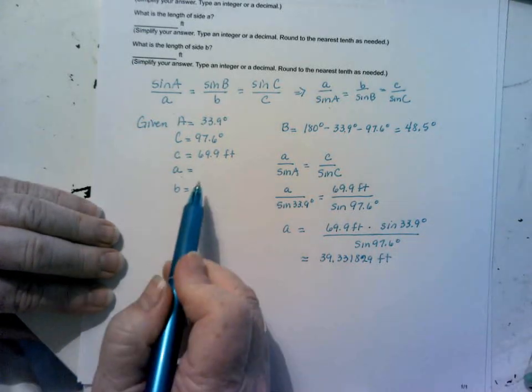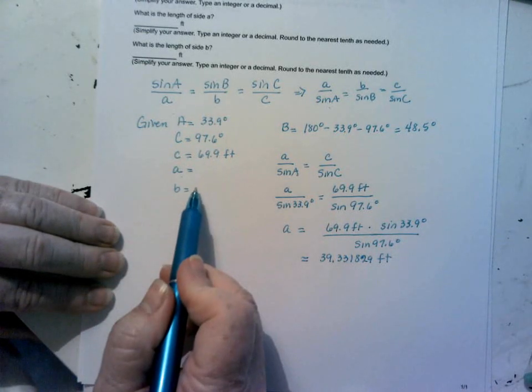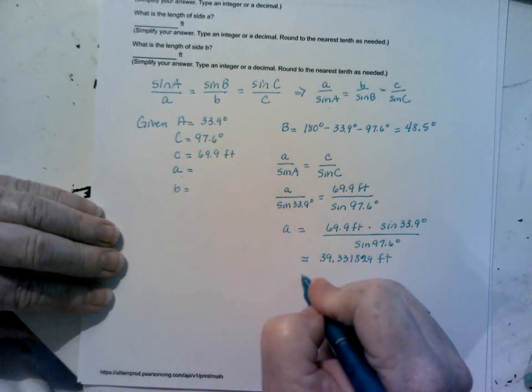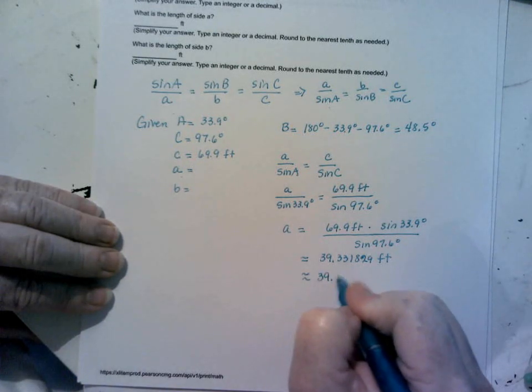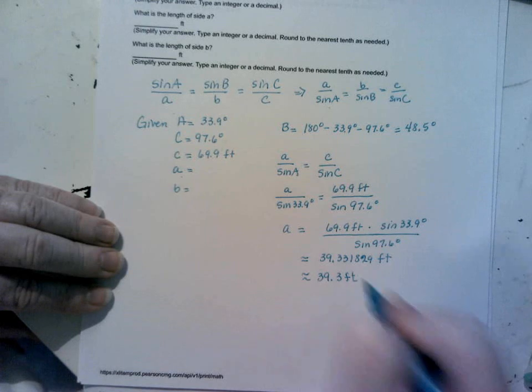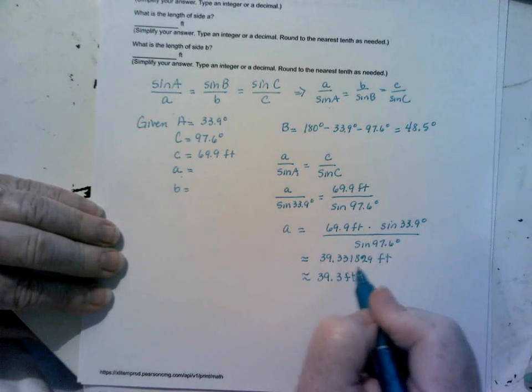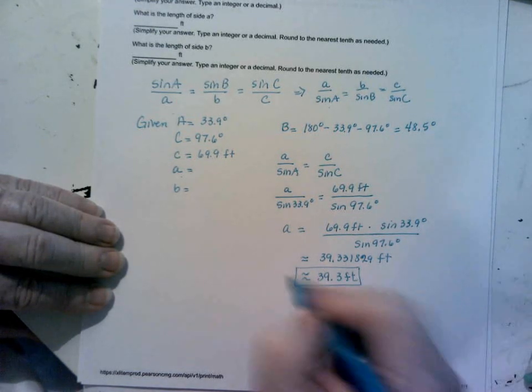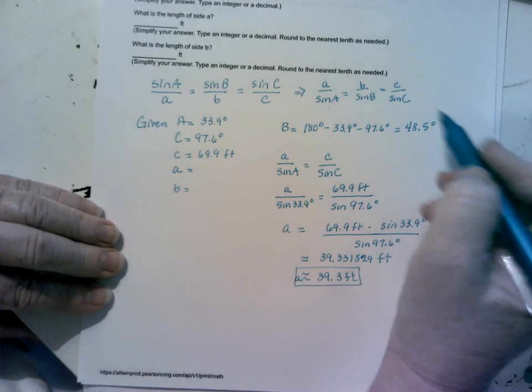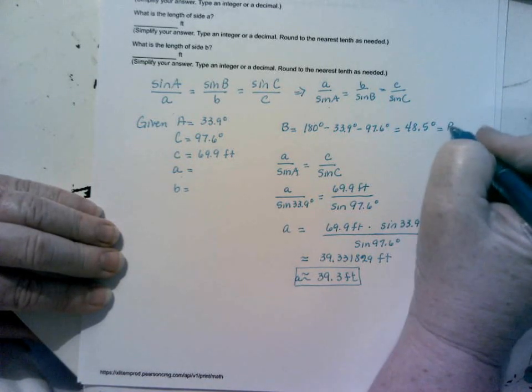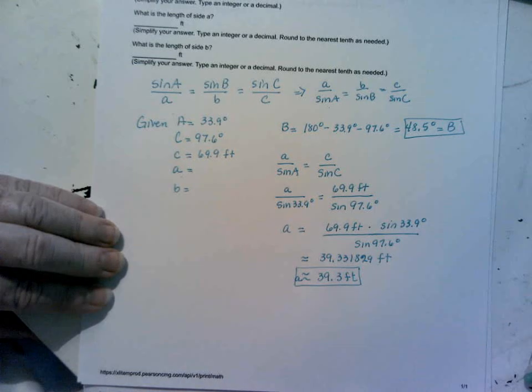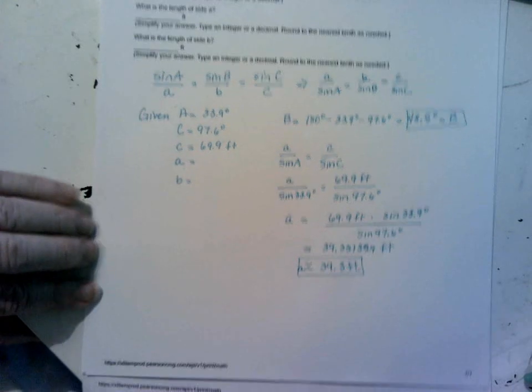And we're going to round to the same number of significant digits that we have here, which is 3. So that will be approximately 39.3 feet. So we've solved for side A and angle B, and all that's left to solve for is the side B.